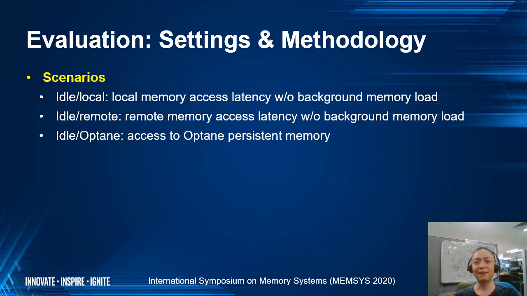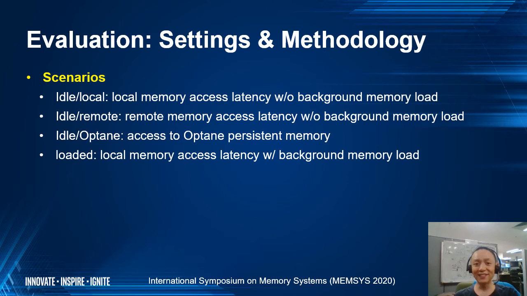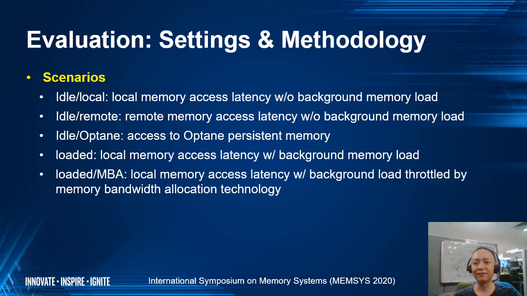The third estimation then targets the latency in accessing the persistent memory. The fourth scenario is about the local memory access latency when there are heavy memory activities loaded in the background. The last scenario follows the fourth one, but the background load is now throttled with memory bandwidth allocation, a hardware feature in CPU.